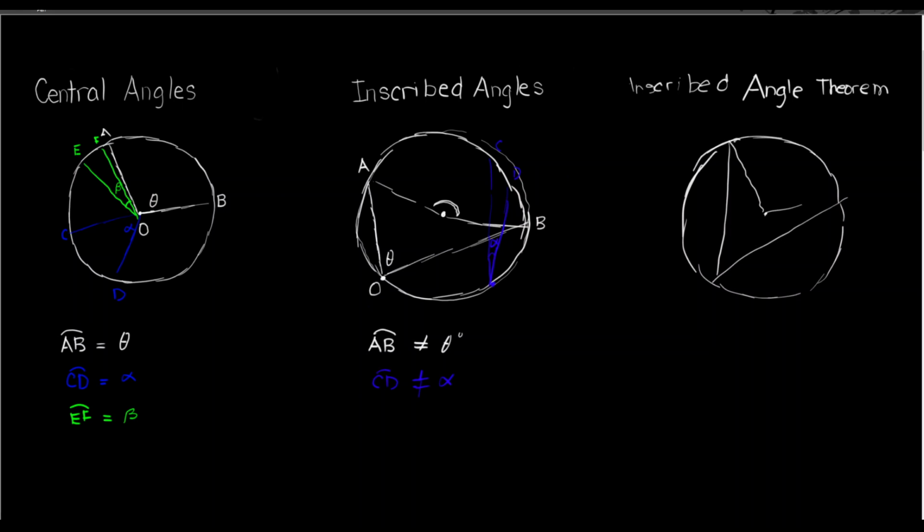is that for any inscribed angle, for example, our inscribed angle here is angle AOB, and its value is theta. The value of our inscribed angle is always, and I mean this always, equal to exactly 1/2 of the value of the central angle subtending the same arc.